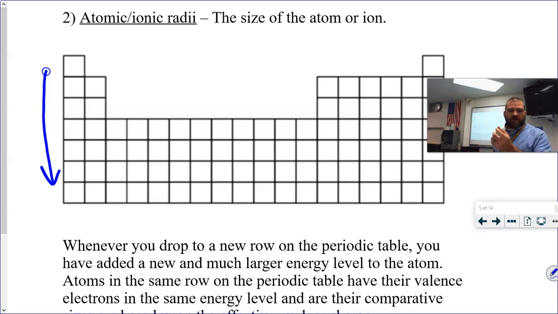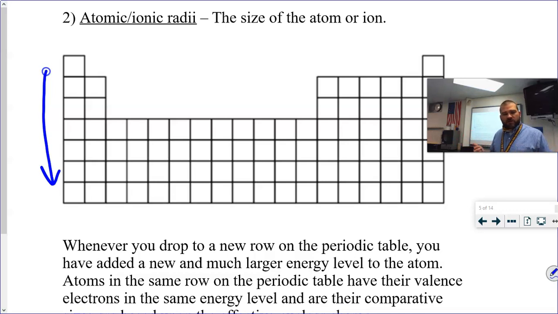Sodium is element 11, argon is element 18. They're in the same row. One has 11 protons, 11 electrons. The other one has 18 protons, 18 electrons. So intuitively, your brain's probably thinking, more stuff, bigger atom. And that feels like it should be right, but it's actually not correct.